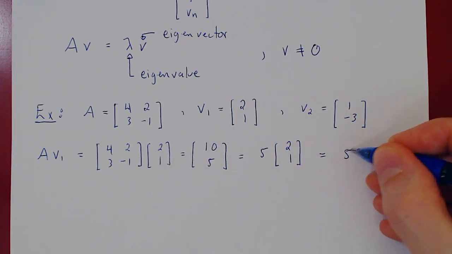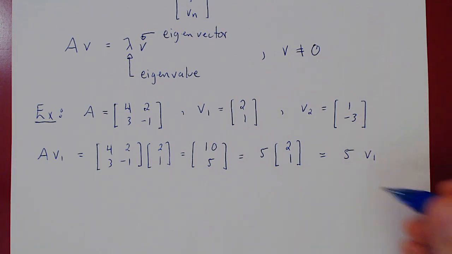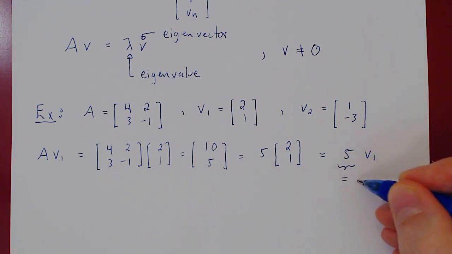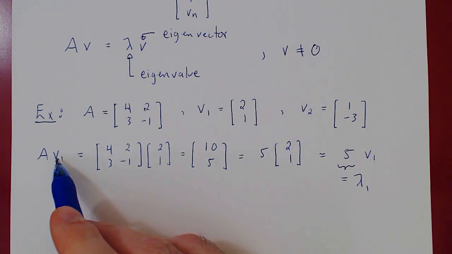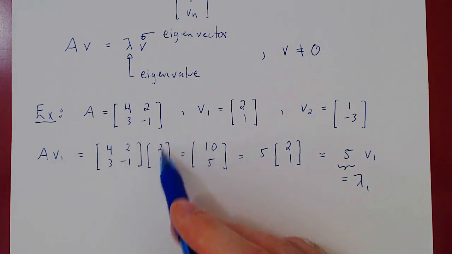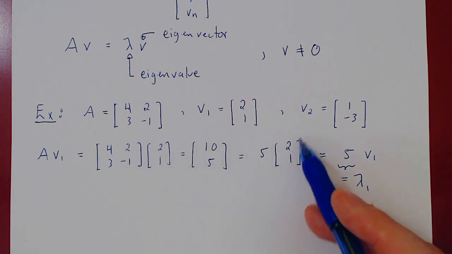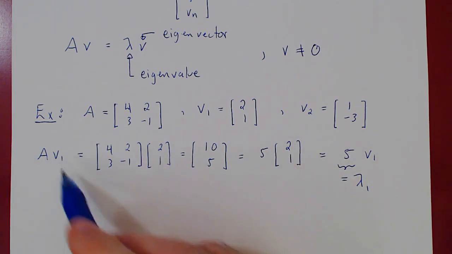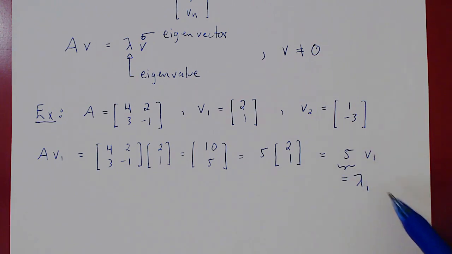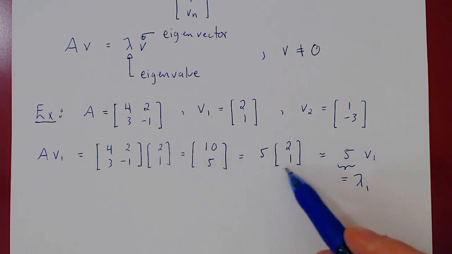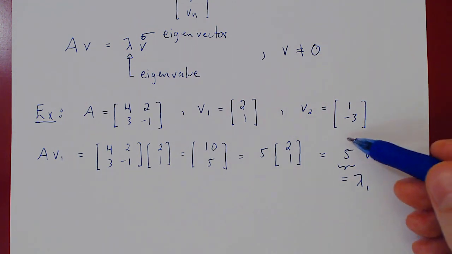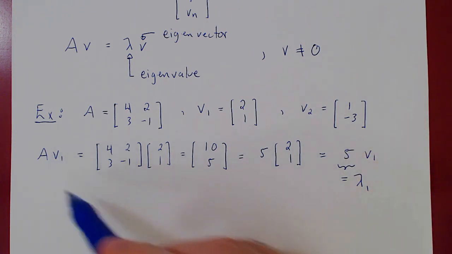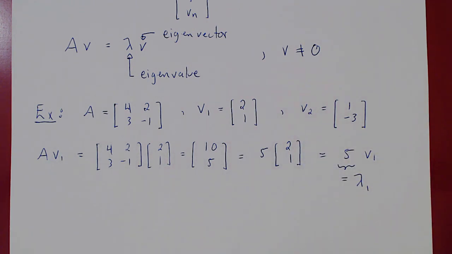So AV1 is equal to 5 V1. So the eigenvector here is 2, 1, and the corresponding eigenvalue, lambda 1, is 5. So indeed, 5 is an eigenvalue of A, and V1, the vector 2, 1, is an eigenvector.